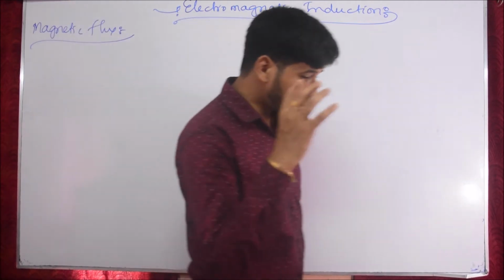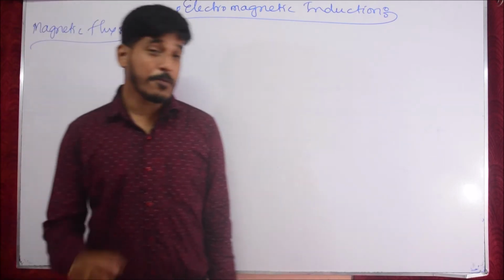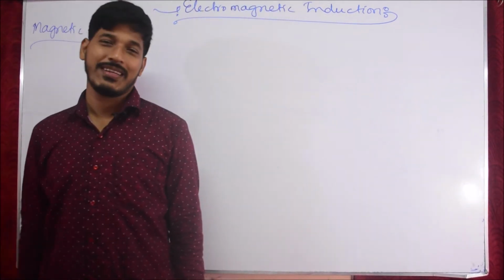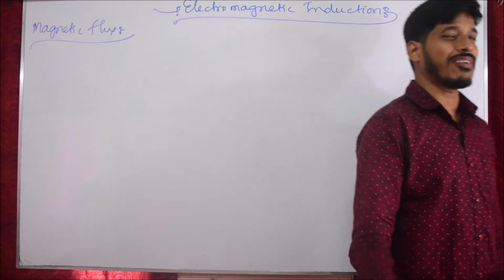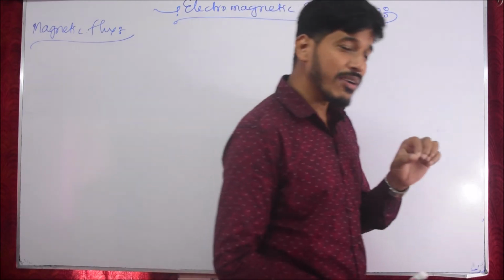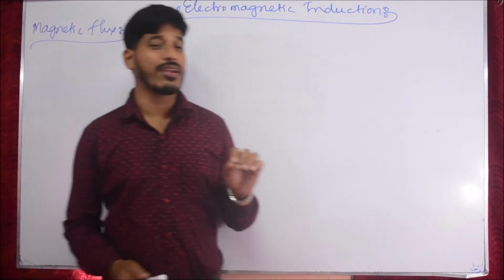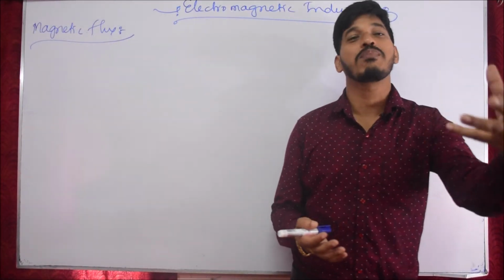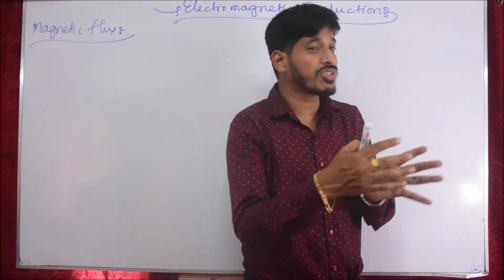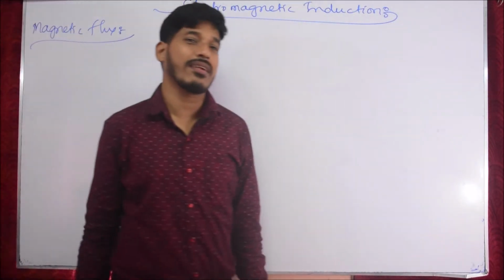Means this concept of magnetic flux is introduced to measure the strength of the magnetic field at any point in terms of the surface area and magnetic lines of force. Obviously, that is the number of lines of force crossing normally through any surface held in a magnetic field.